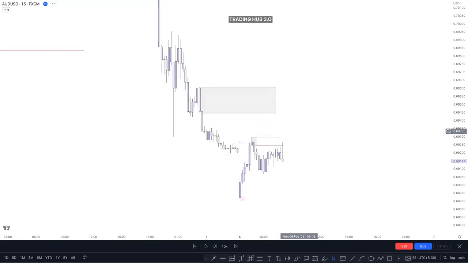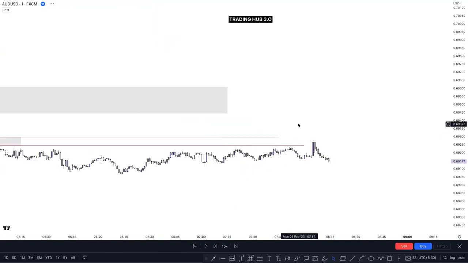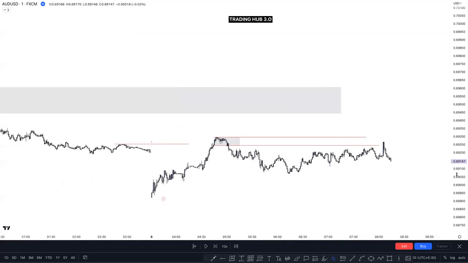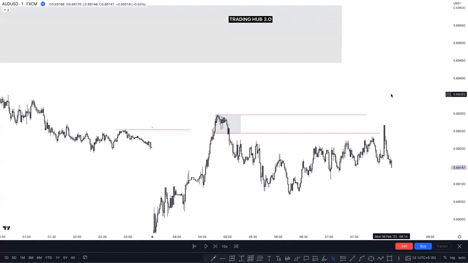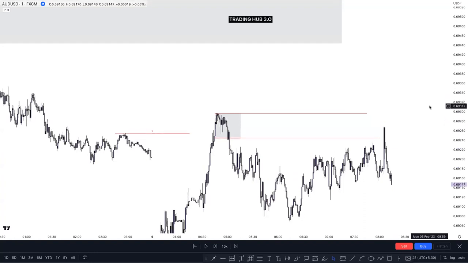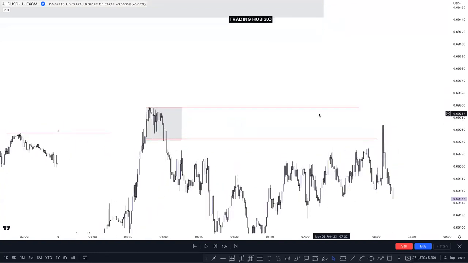So let's see if there is any unmitigated order block or anything here, then you can sell here. Otherwise, you have to wait for it, right?